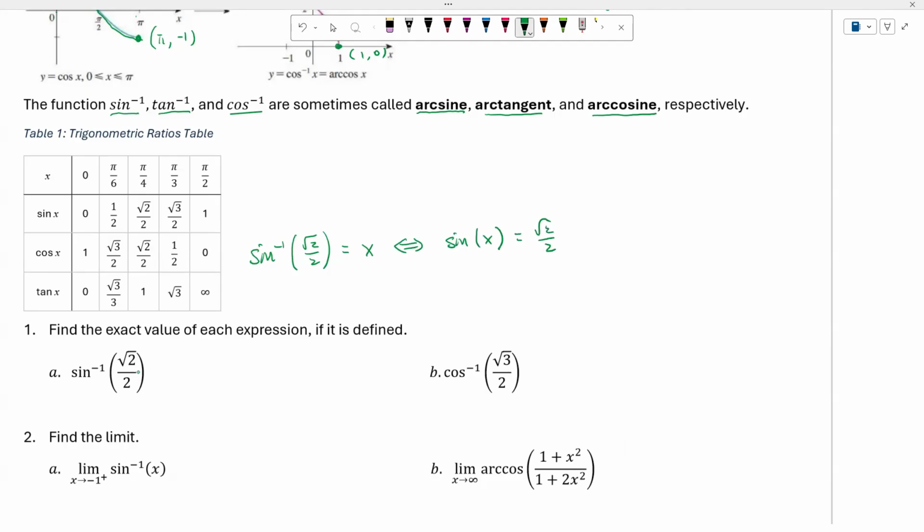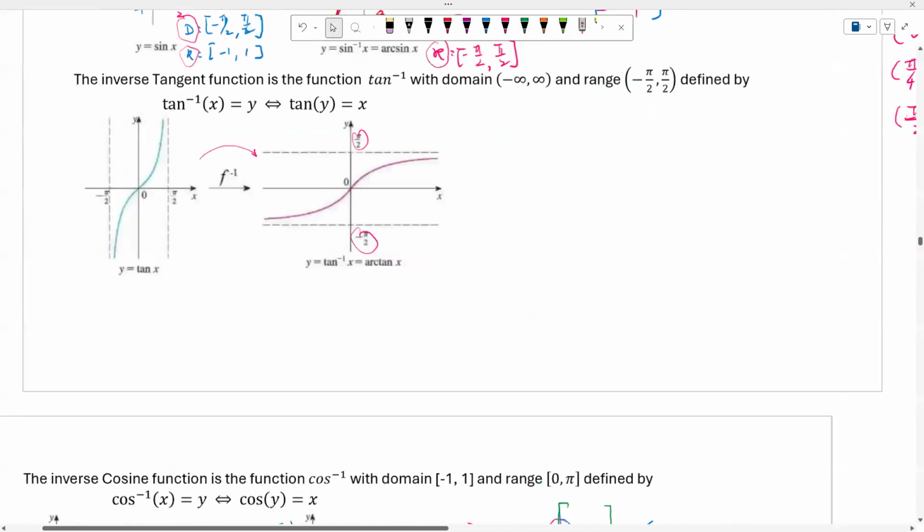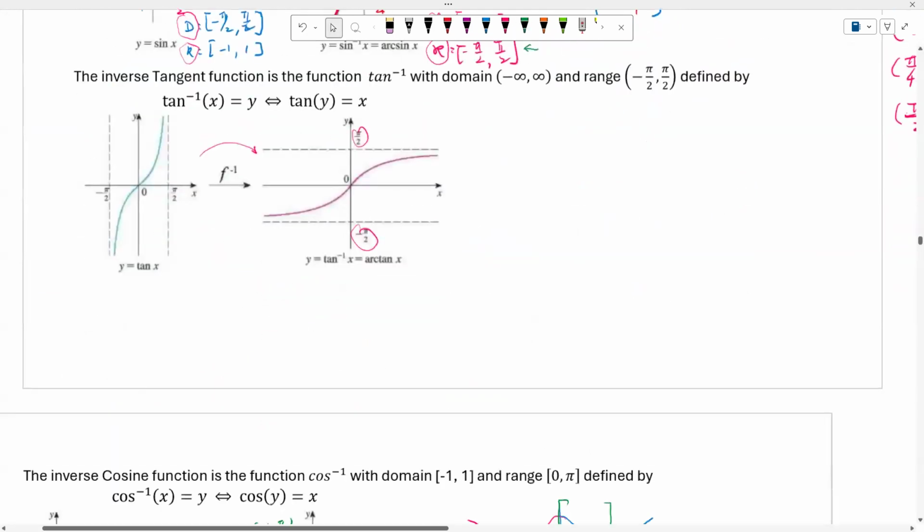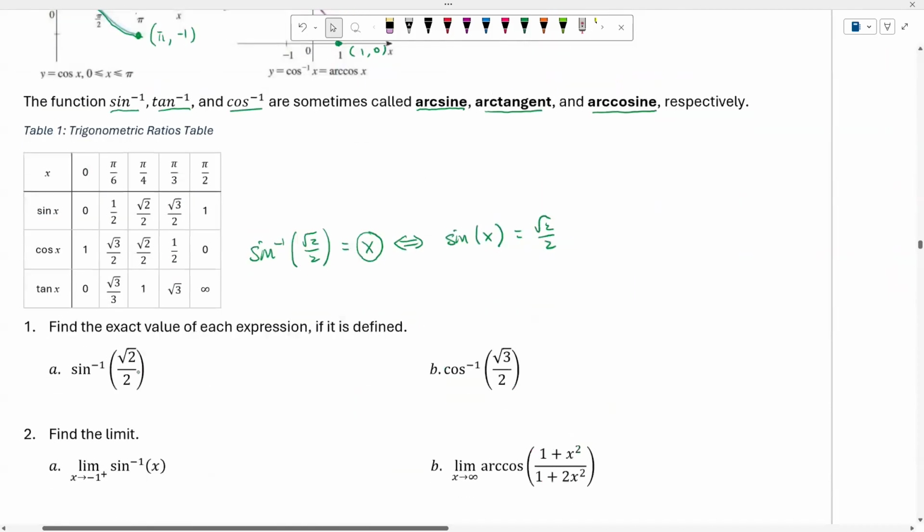Remember, when we work with the inverse function, the output that I have must be between -pi over 2 and pi over 2. So this x must be between -pi over 2 and pi over 2.